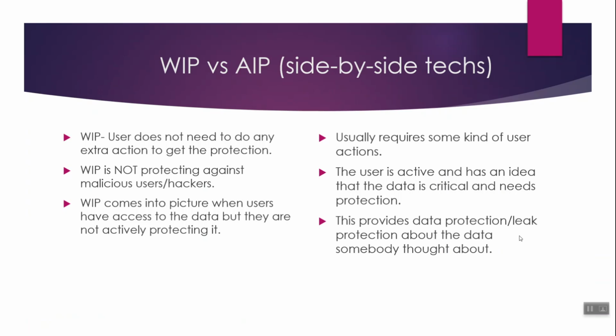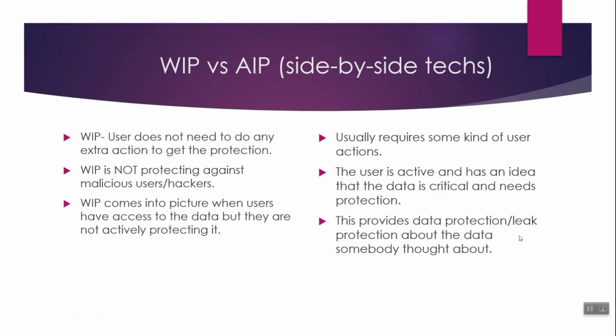So even when it is going with the normal flow, it's still giving you an option, and it requires some kind of user intervention. In case of WIP, if we are moving the document from corporate to corporate, there is no prompt. If we are moving it from corporate to personal, only then there is a prompt.